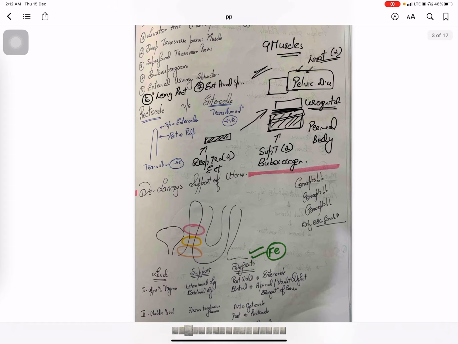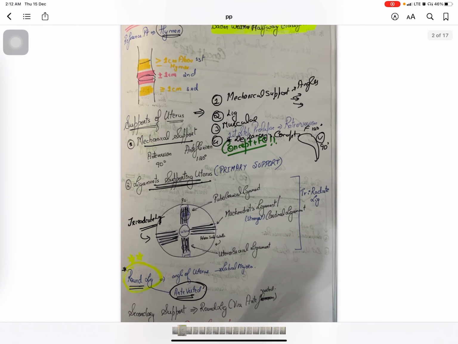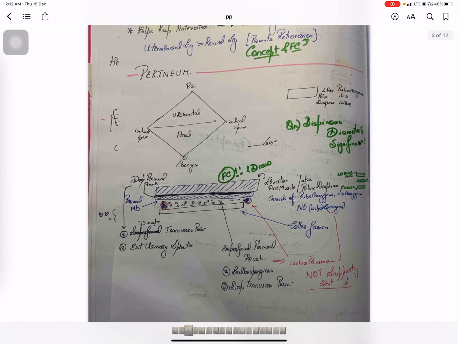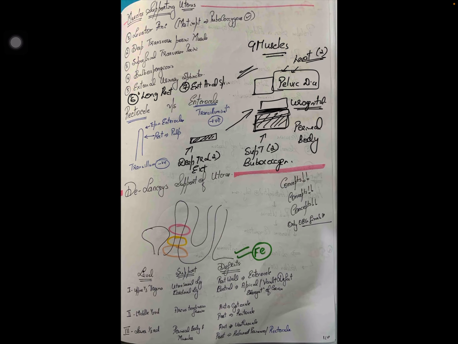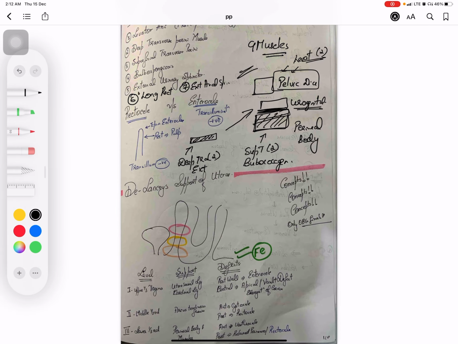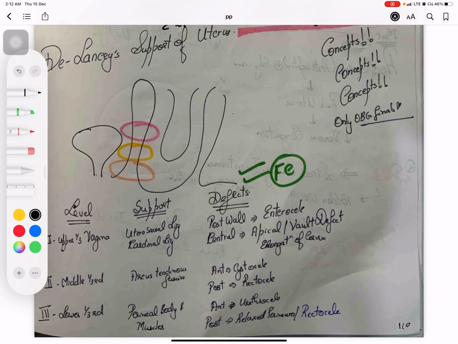Okay, so what all have we finished? We have finished with the mechanical support, ligamentous support, muscular support. The next one is going to be De Lancey's concept of supports of the vagina. So according to De Lancey, we have three levels of vagina, which are supported by three different structures, and defects of each have a corresponding issue.